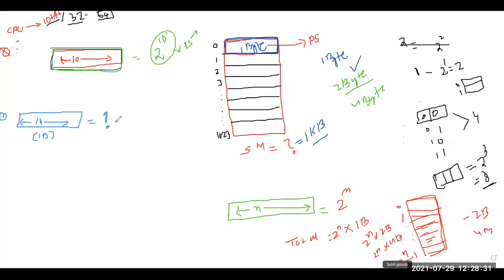So how many locations will it be? Total different locations will be 2 to the power of 16, no, it is 14. Sir, 2 to the power 14. This many different locations it can support.